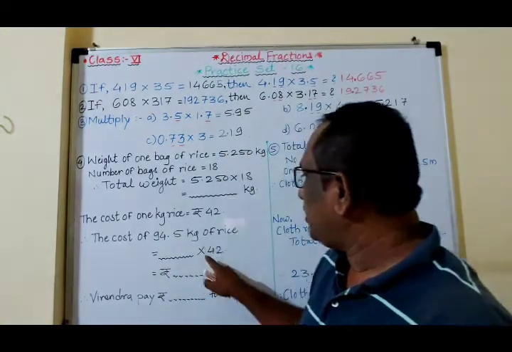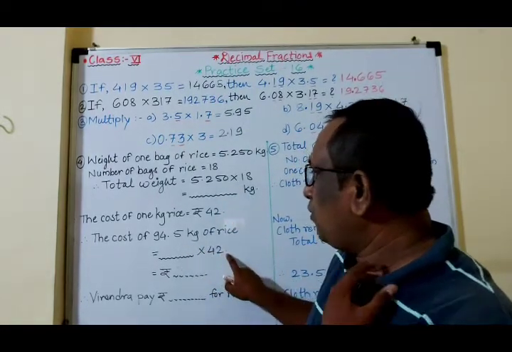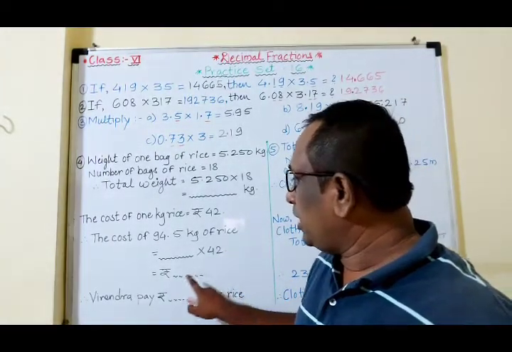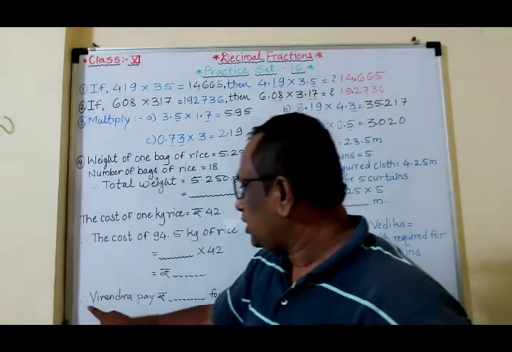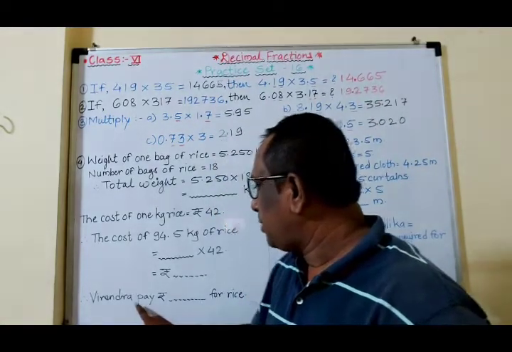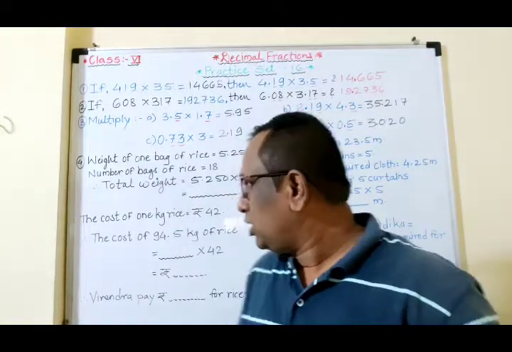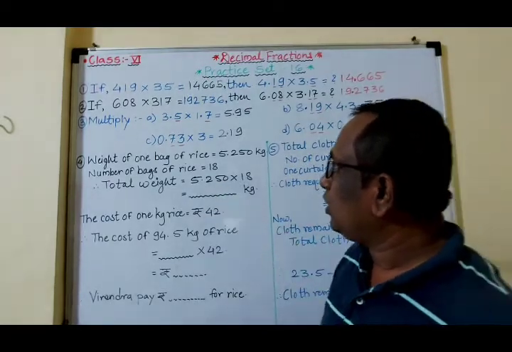Here also you have to do the multiplication. Whatever the total weight multiplied by 42. 42 is the amount of 1 kilogram rice. Then we will get the total amount he paid. So last you have to write there, Virendra paid rupees dash for rice. Okay, so these two calculations you have to do. Here two multiplications you have to do.